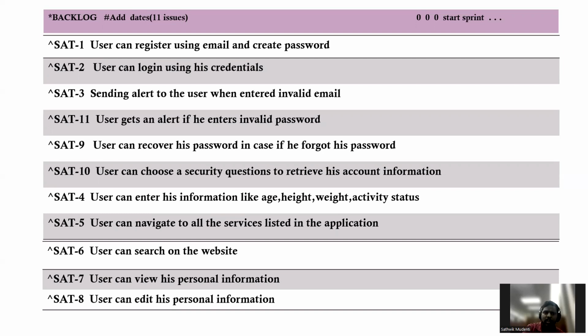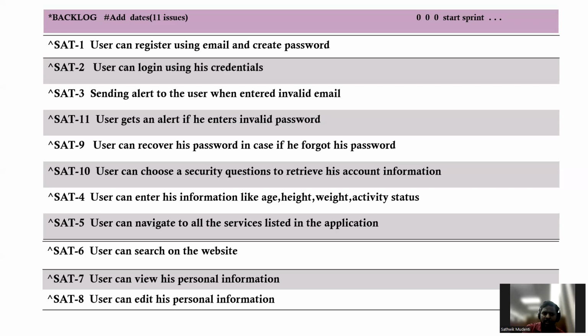The user can register using email, create a password, and log in through his credentials. Sending an alert when an invalid email is entered. The user getting an alert if he enters an invalid password. The user trying to recover his password in case he forgets it. The user choosing a security question to retrieve his account information if he forgets it.